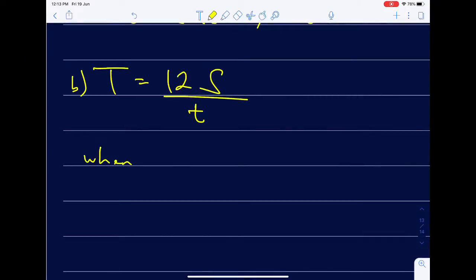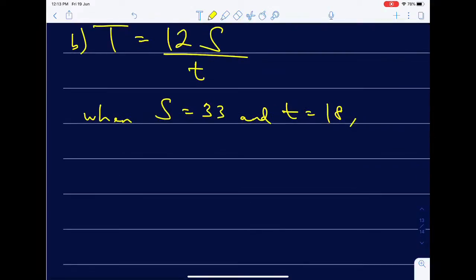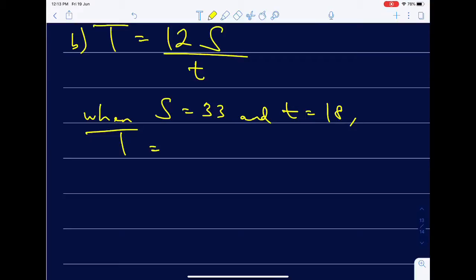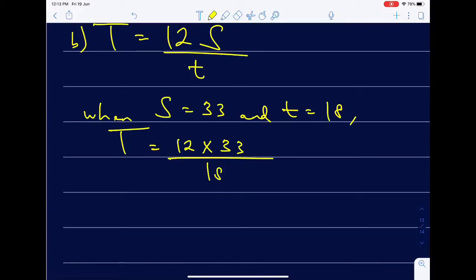That means when big S is 33 and small t is 18, big T will be equal to 12 times big S, which is 33, divided by small t, which is 18.